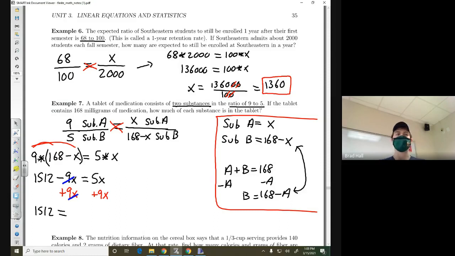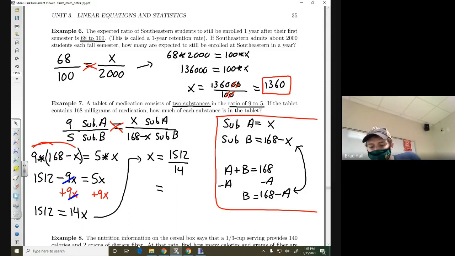So basically it's just 5 plus 9, and then we carry an x over. So 5 plus 9 is, of course, 14. And there's still an x that you better not let disappear. And now that we simplify it to this form, one more thing we have to do is divide 14 on both sides, which comes out to be this.